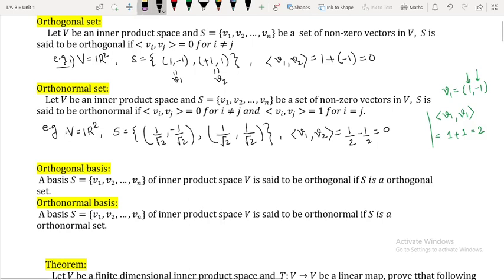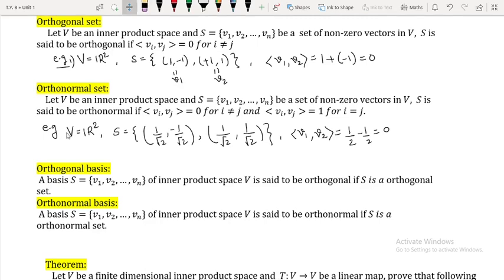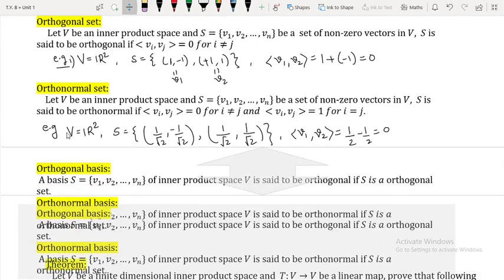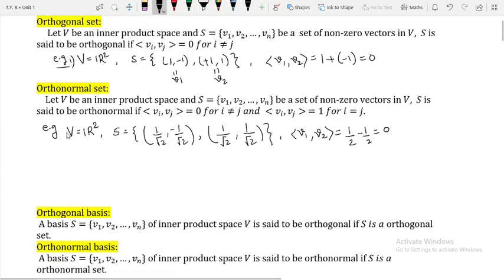Now let us check whether it is orthonormal or not. So what will be our inner product of V1 with V1? This will be equal to 1 upon root 2 multiplied by 1 upon root 2 is half, and minus 1 upon root 2 multiplied by minus 1 upon root 2 is plus half, which is equal to 1.